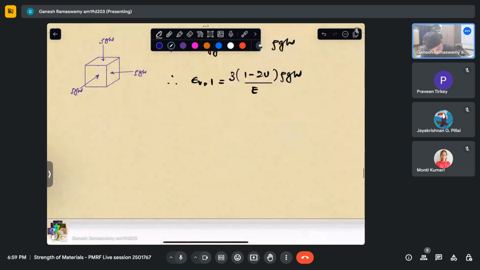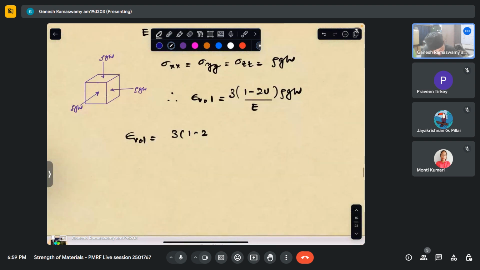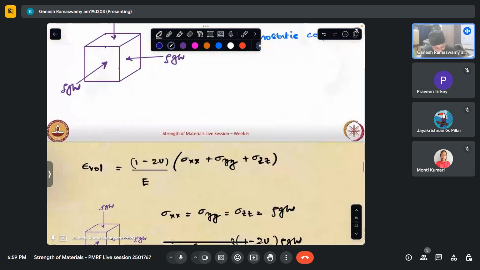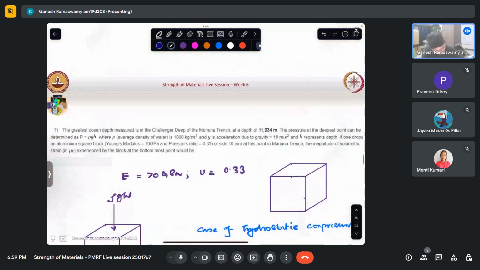So let us substitute that. 3 into (1 minus 2 into 0.33) by E, which is 70 GPa, into rho, g is 10, and the height is around 11 kilometers.